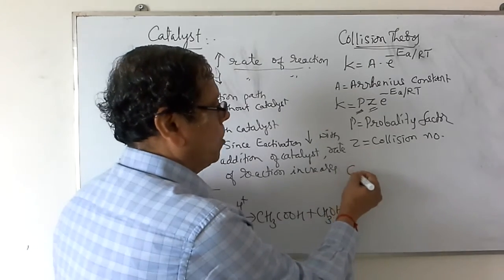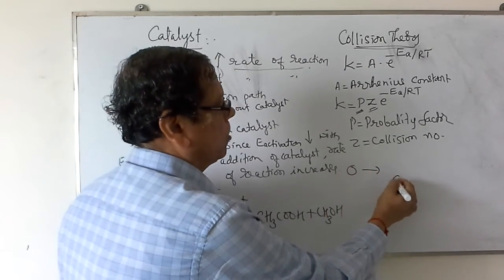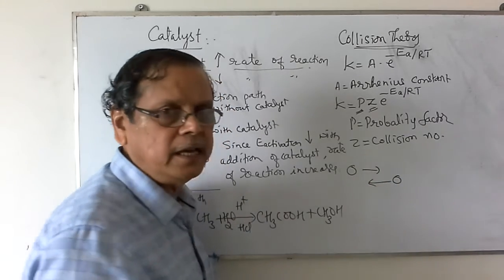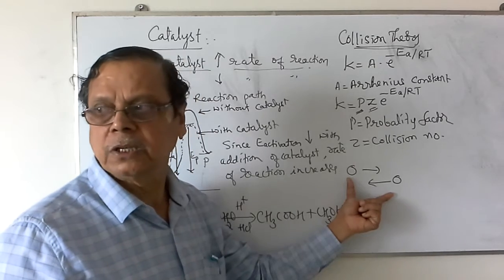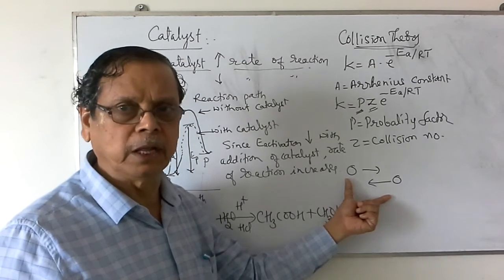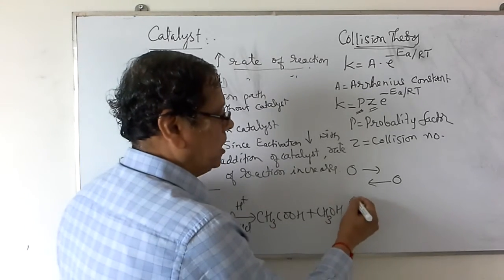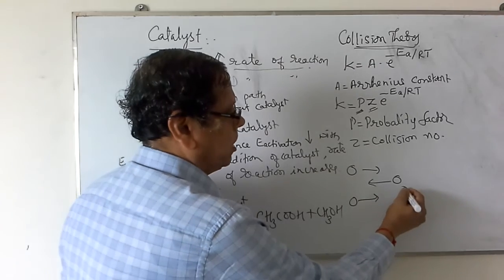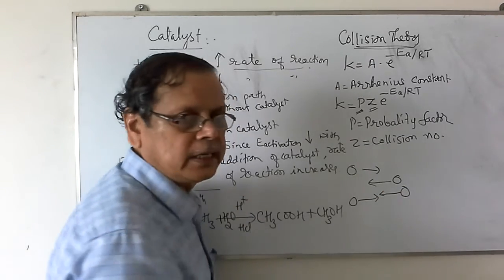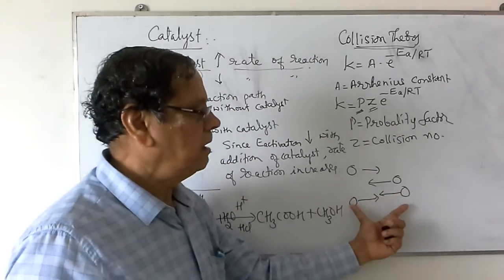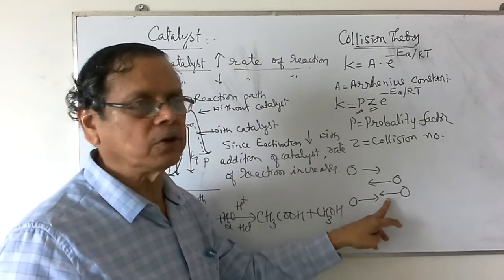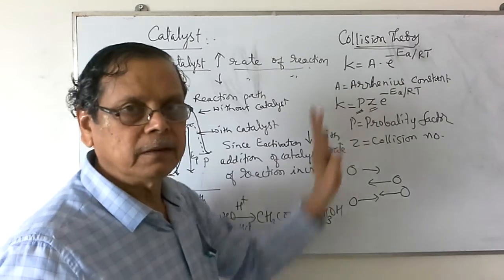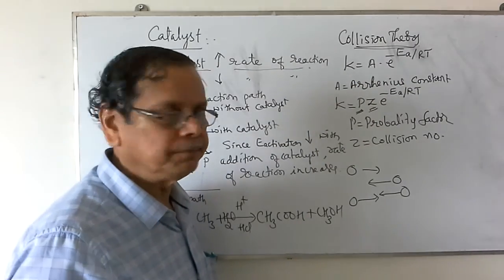Suppose a molecule is moving in this direction and another molecule is moving in the opposite direction in some other line. Then we observe that there is no effective collision between the molecules. Suppose one molecule is moving in this direction and another molecule is moving exactly in the opposite direction. Then there is an effective collision between these two molecules. Such an effective collision will result in an increase in the rate of the reaction.